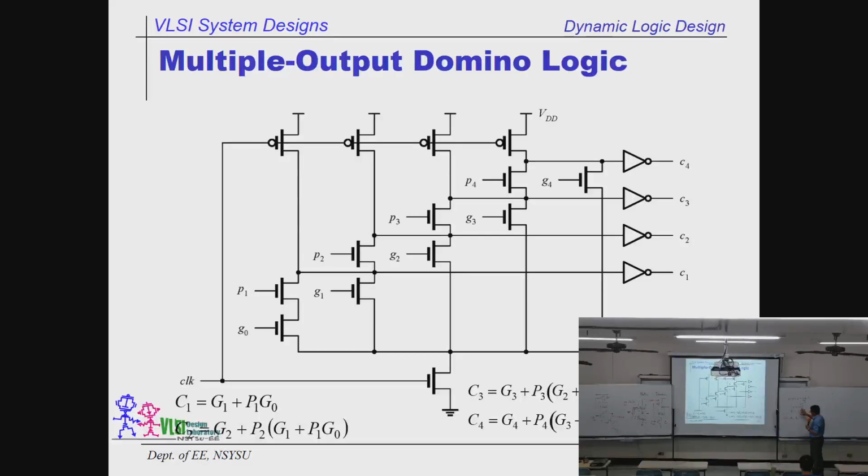If one of them is 1 and the other one is 0, whatever the previous carry gives to me, if this is 1, then we are going to pass a 1 to the next. Okay? So if they are 1, 0, and the other one is high, we guarantee to pass the previous carry to the next.